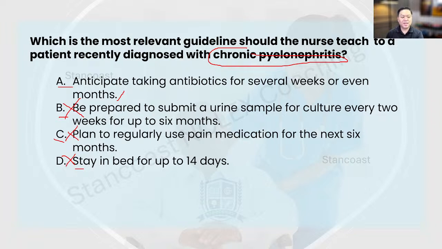So that's one. And also to eliminate the incorrect options. Those typically not part of long-term management, like bed rest. That's not going to be long-term management for pyelonephritis, like the chronic type. Same thing with the pain medications.